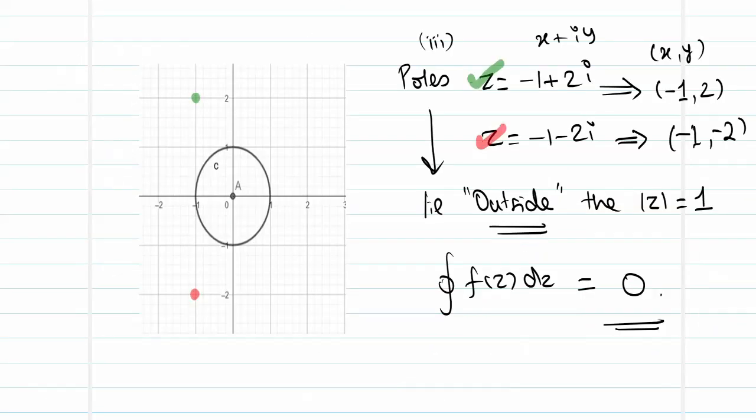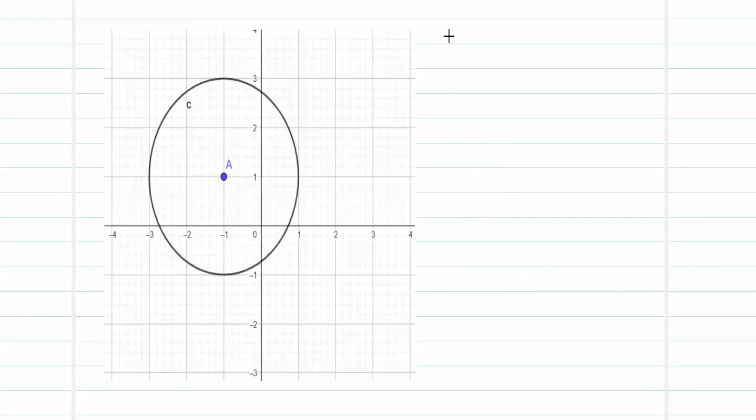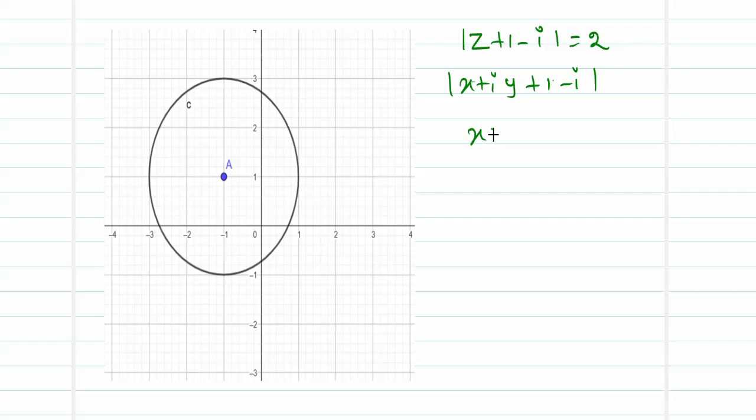So let us find what this represents. z will be equal to x plus iy, so z plus 1 minus i is going to be my modulus. Combining the real part, I have x plus 1, and combining the imaginary part, I have y minus 1. This modulus is going to be equal to 2.